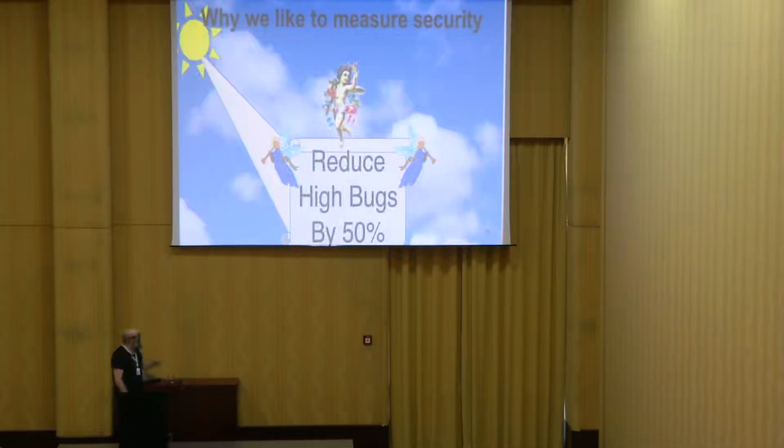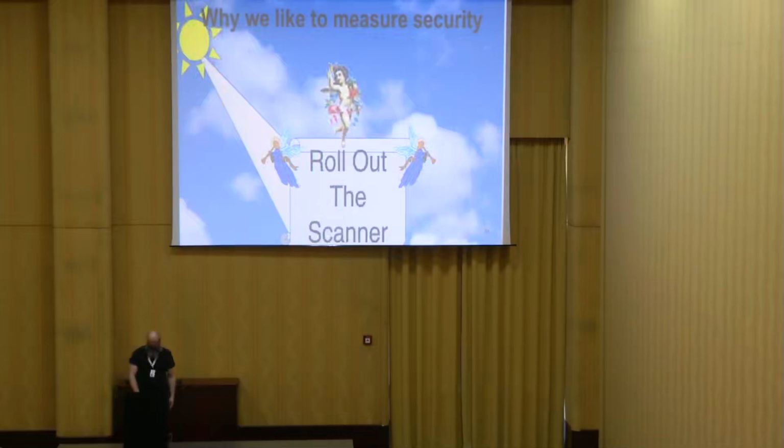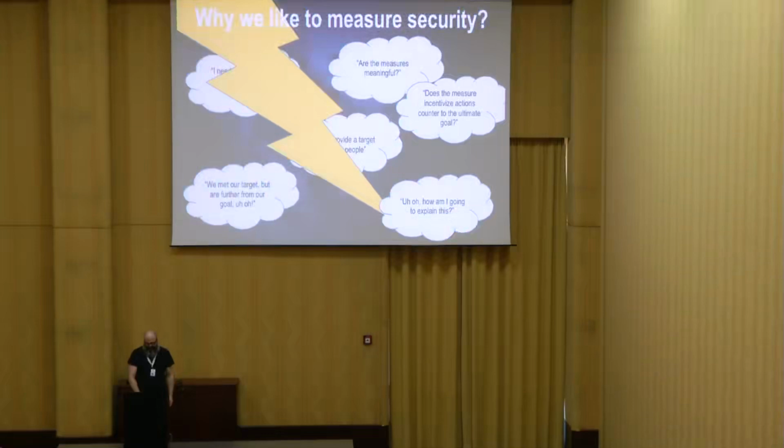Usually it looks something like this. And what ends up happening is something kind of like this. But what ends up really happening is a little bit more like this. And the process sounds logical, but it can really be counterproductive.